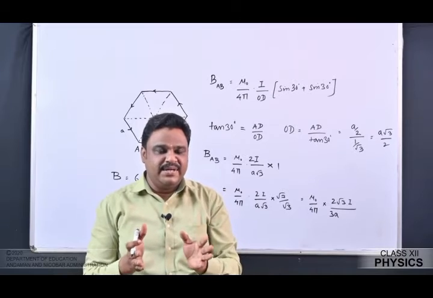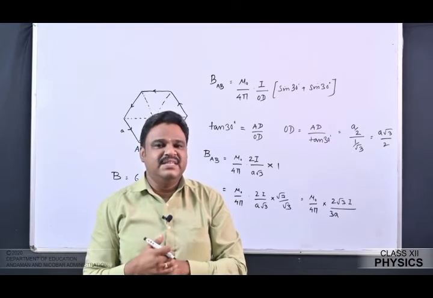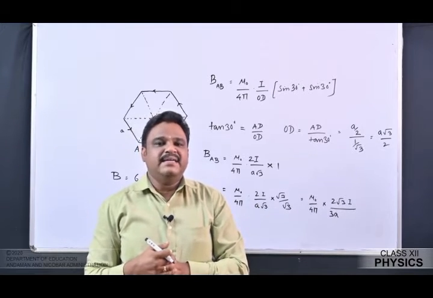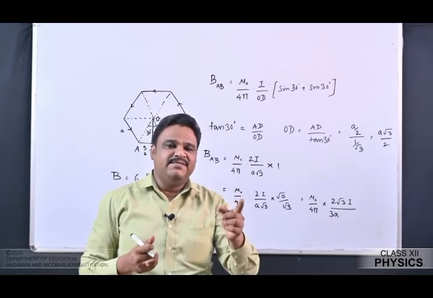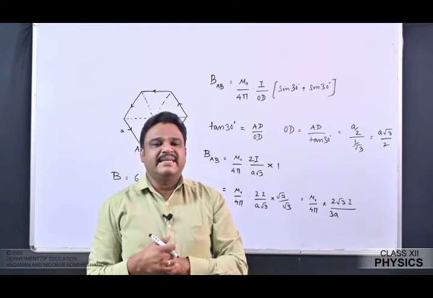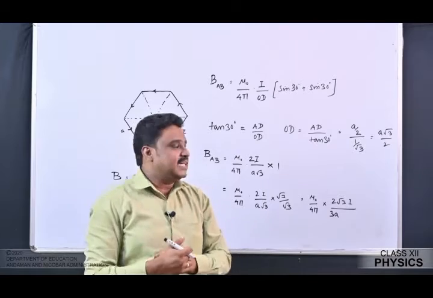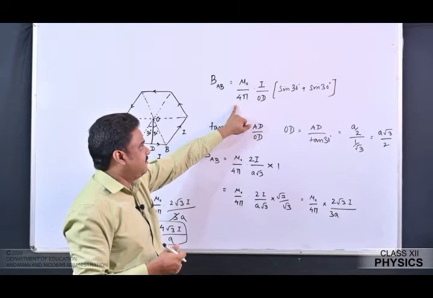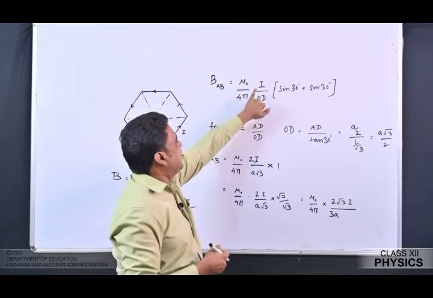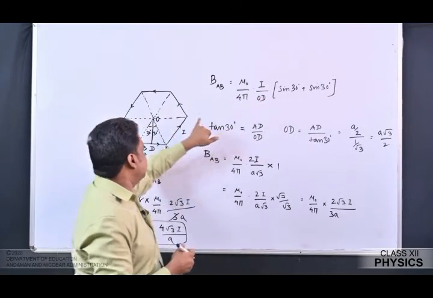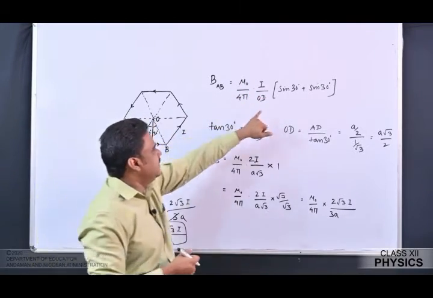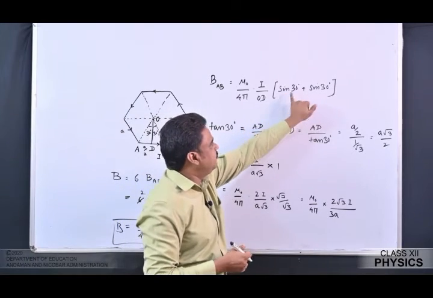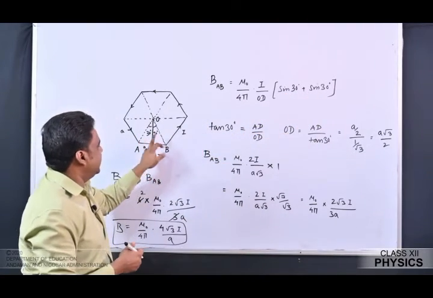So I make one side's value, multiply it with 6 to get the total magnetic field at the center. How did we start? We started from the basic formula for a straight conductor of finite length, mu naught by 4 pi, I by a, where a is the observation distance, here OD, and sine phi 1 plus sine phi 2, with phi 1 and phi 2 being 30 and 30.